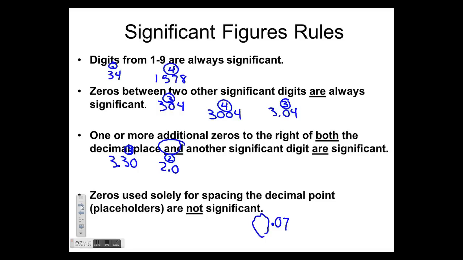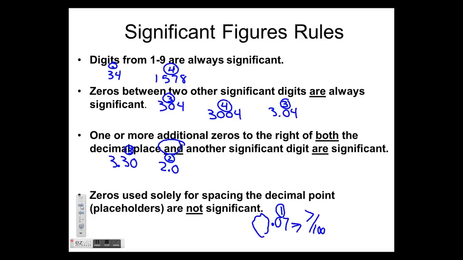Now, that must mean it's just a placeholder, and it is. Why that 0 is there in 0.07 is to show you that it's 7/100ths. So this is 7/100ths, not 7/10ths. Okay, that 0 is just a placeholder. So 0.07 only has 1 significant digit. Okay? Like I said, it's kind of tricky.